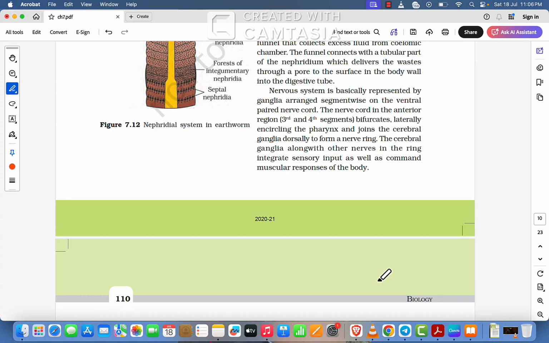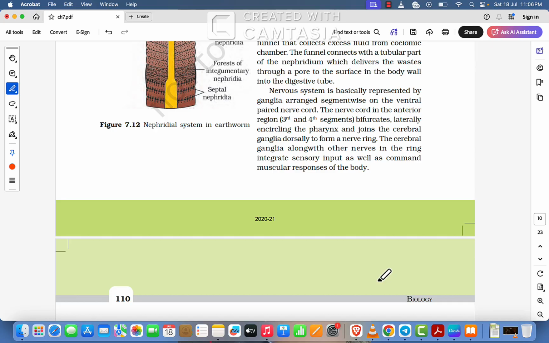The nervous system is basically represented by ganglia arranged segment-wise on the ventral paired nerve cord. The nerve cord in the anterior region, 3rd and 4th segment, bifurcates laterally, encircling the pharynx and joins the cerebral ganglia dorsally to form a nerve ring.